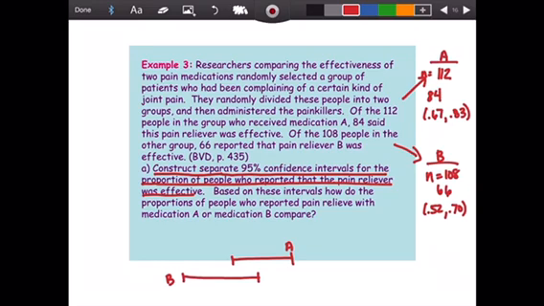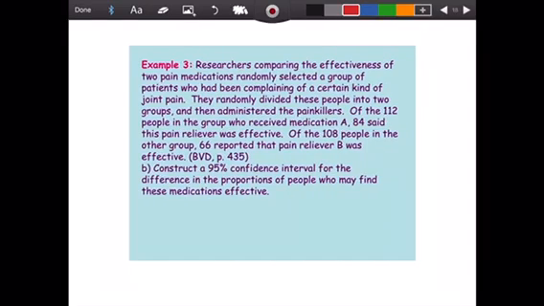Well, now what I want you to do is calculate one confidence interval for the difference in the two proportions. So now we're going to construct a 95% confidence interval for the difference in the proportions of people who may find these medications effective.